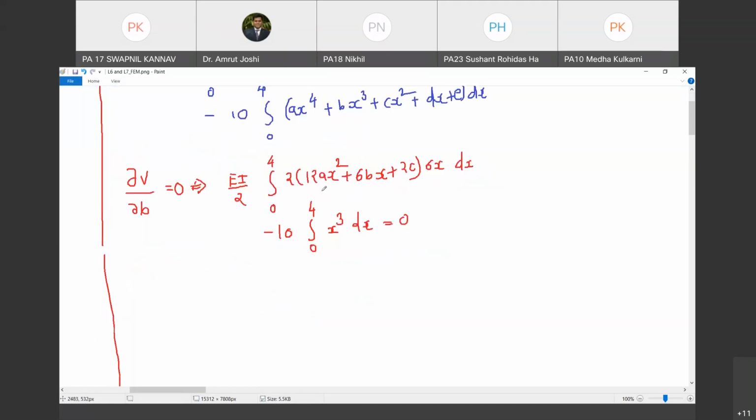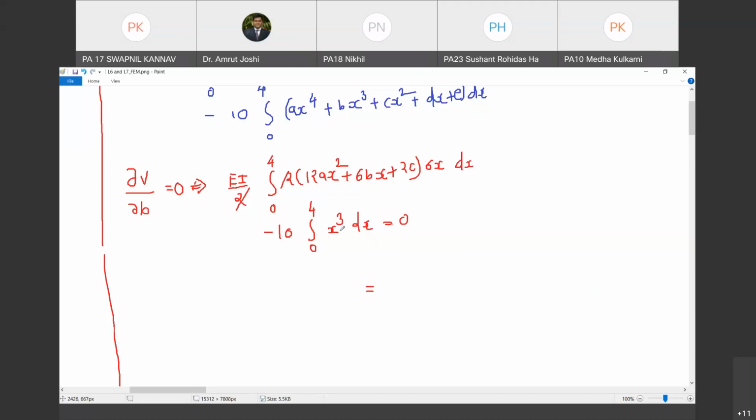Now let us do it a little quickly. I am going to skip the middle step. This 2 gets cancelled with this 2. On the right hand side, this 10 comes on the other side, and you will have the integration of 10x cube from 0 to 4. So let me do that. What is the integration of 10x cube from 0 to 4?